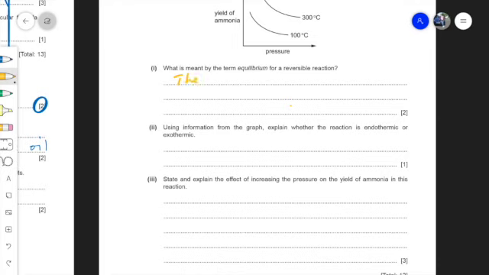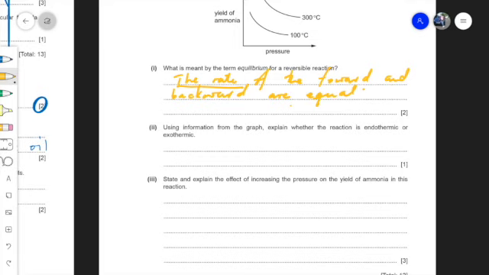So the rate of the forward reaction and the backward reaction are equal. So we have got to talk of the rate, always, in the question: the rate of the forward reaction and the backward reaction are equal.